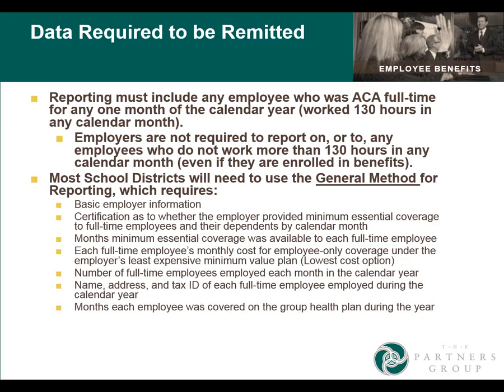Those all meet that minimum value. So the lowest cost option would definitely be minimum value, and that would include even the HSA option. So the number of full-time employees employed each month in the calendar year, name, address, and tax ID number of each full-time employee employed during the calendar year, and the months each employee was covered on the group health plan during the calendar year.